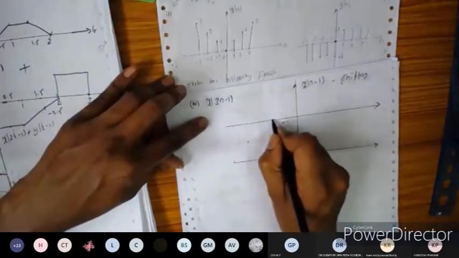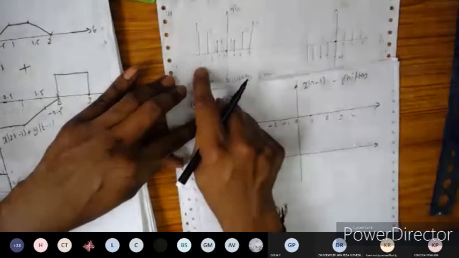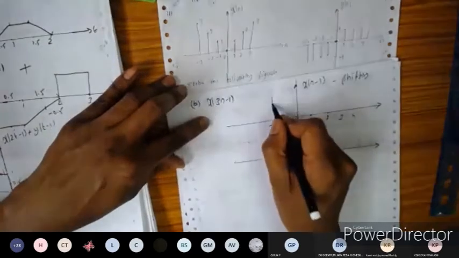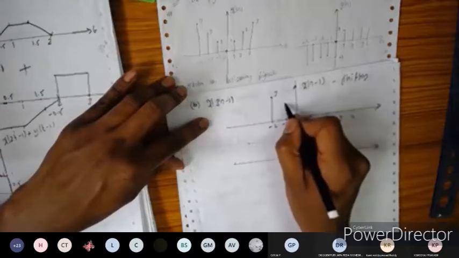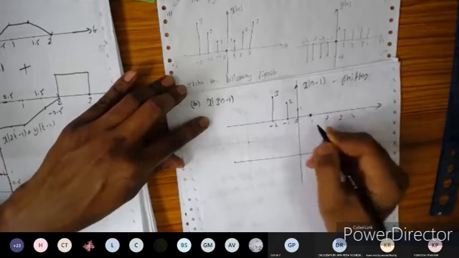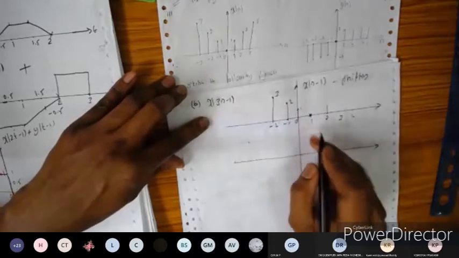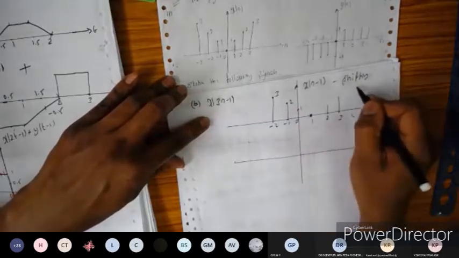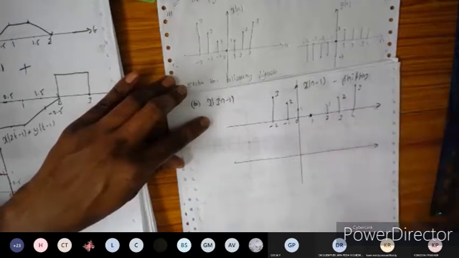Let us indicate the time index here: 1, 2, 3, 4. The amplitude will be 3 here. This will become 2, this will become 1. So the 0th sample comes to the 1st sample here. The value is 0 only. So the waveform will look like this here. This is 1, 2, 3.